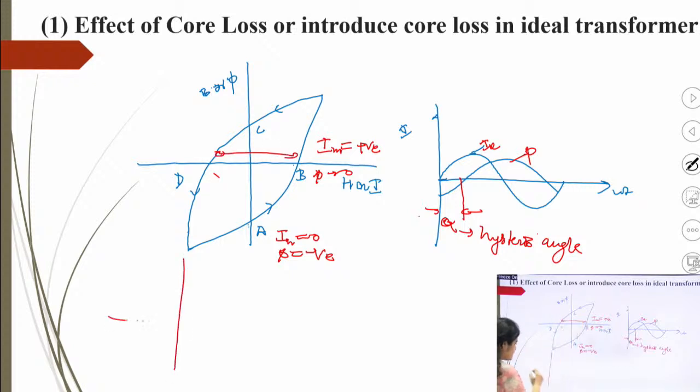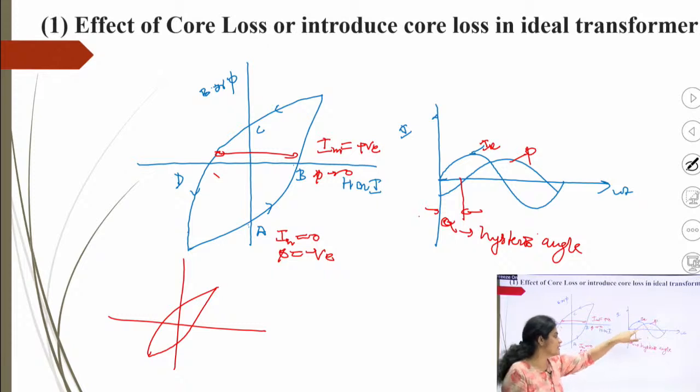If the hysteresis loop is thinner, it has a lower value of core losses or hysteresis losses, so the total core losses will be reduced. Due to this hysteresis loop, the flux is no longer in phase with the current. The current now leads the flux due to this hysteresis.